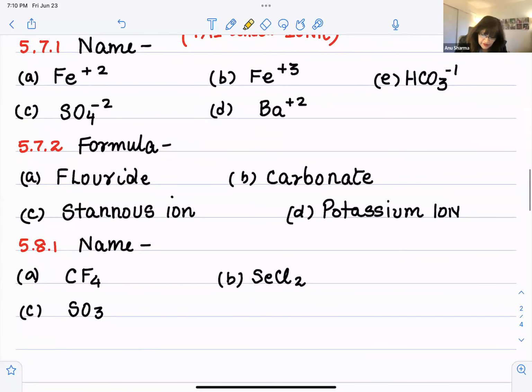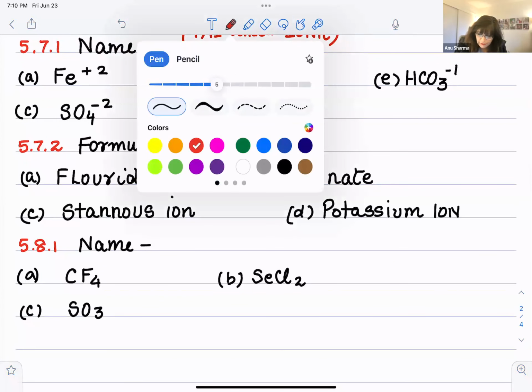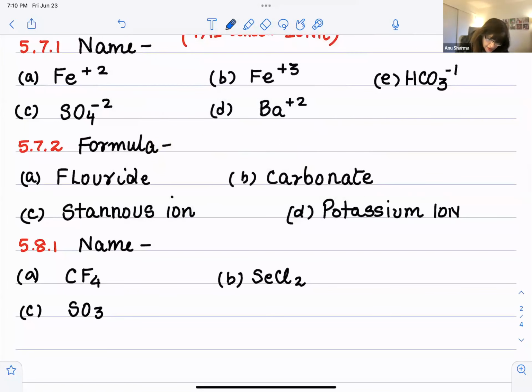Next is the name. Now naming, this is for your memory. So you can name it as iron 2, because iron exists in +1 state, in +2 state, in +3 state. So that charge is represented as a Roman numeral.